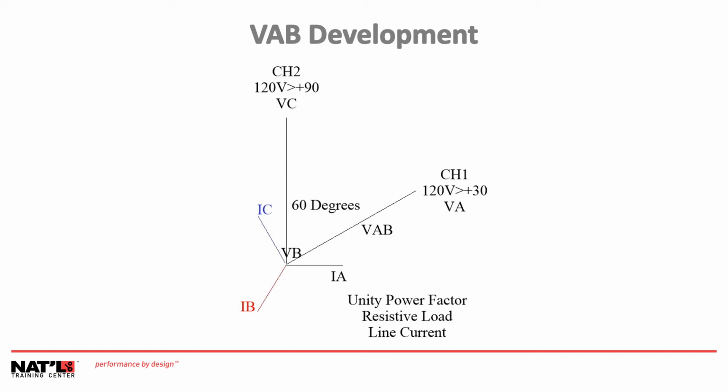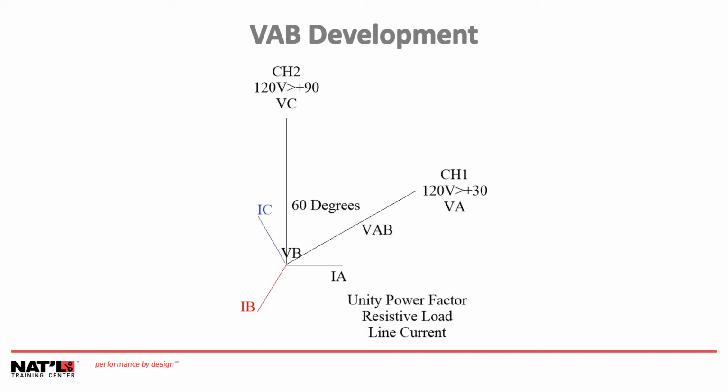So now we're going to examine how we get balanced 3-phase to phase voltage from these 2 60-degree separated vectors. So we're going to start with the VAB development. Now keep in mind that on resultant vectors, we're always going to go in the direction of the first element listed.